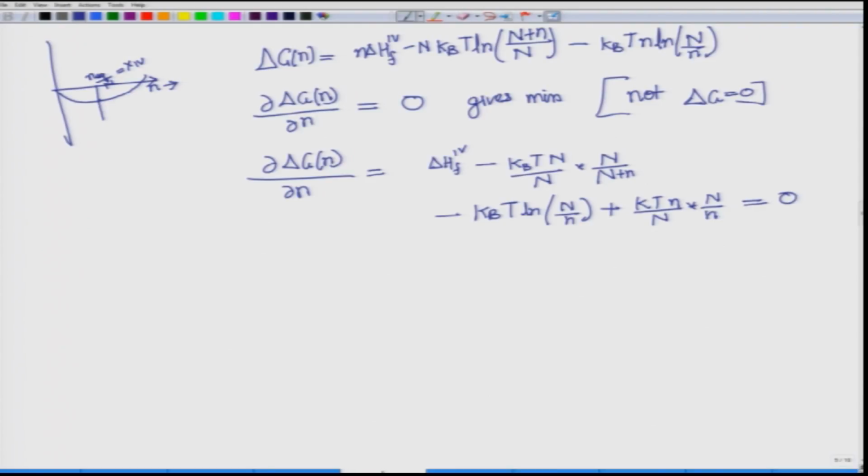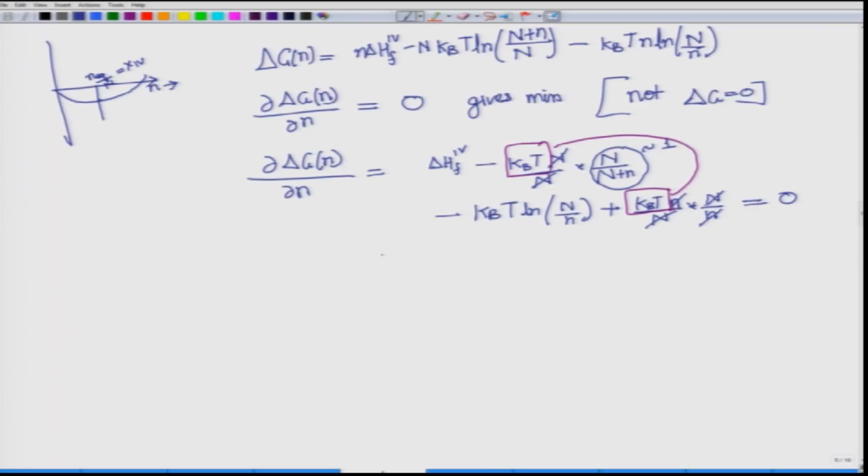Now, what are the terms that cancel out? This cancels out, this cancels out, and this is k_B. Over here, this term is approximately equal to 1, these two cancel out. Again this term and this term will also cancel out.